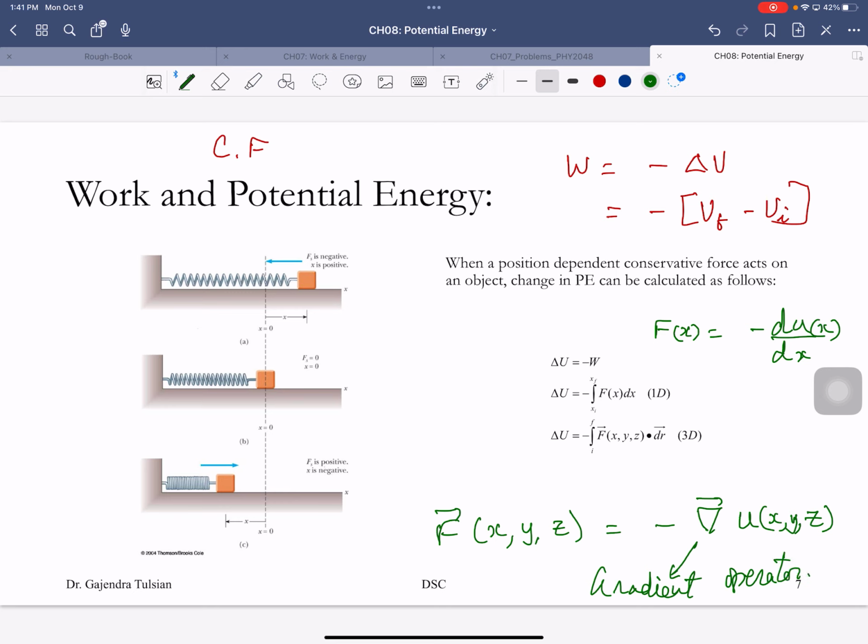You'll be experts at it by the end of this chapter. So for conservative forces, the change in potential energy is the negative of the work done. In one dimension, here's how you calculate the work done. In 3 dimensions, here's how you calculate the work done.